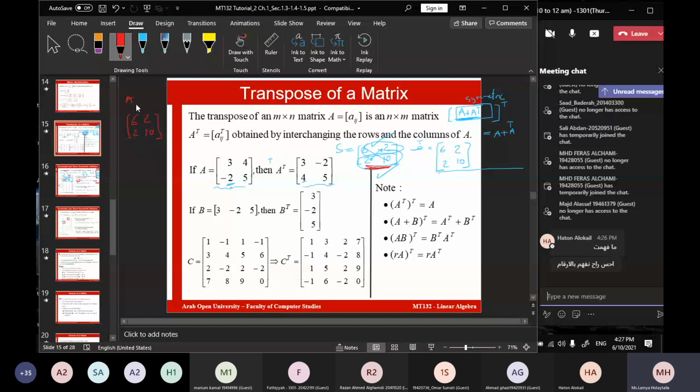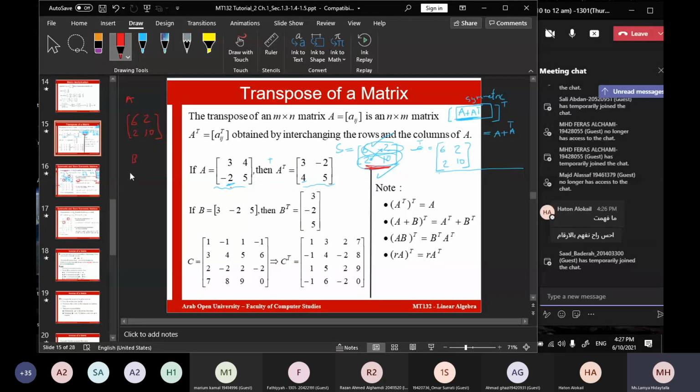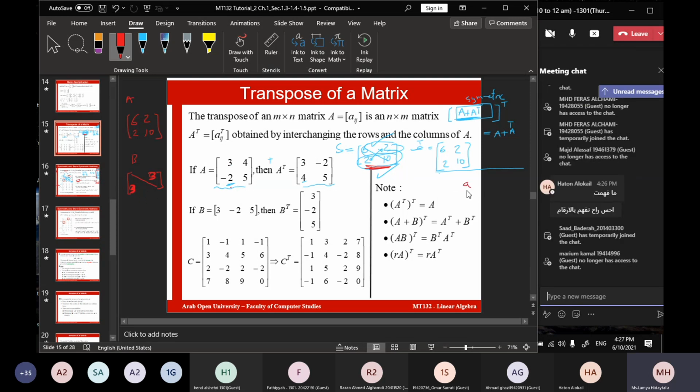Let's call it A. Give me any symmetric B. What do you think? This is the diagonal, but what I put here I should put here. If I want any matrix that is symmetric, for instance, if I put 3 here, I should put 3 here as well. Right? Because we said A_ij should equal A_ji. Correct? So A12 should equal A21.